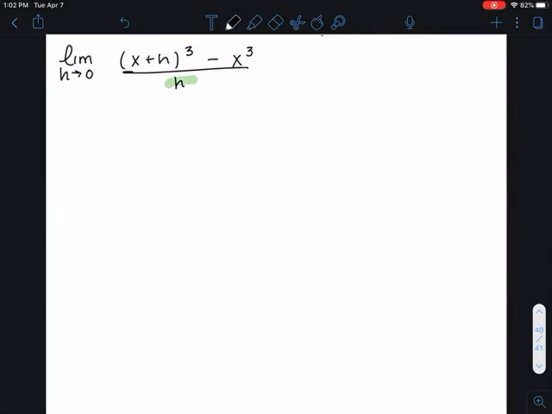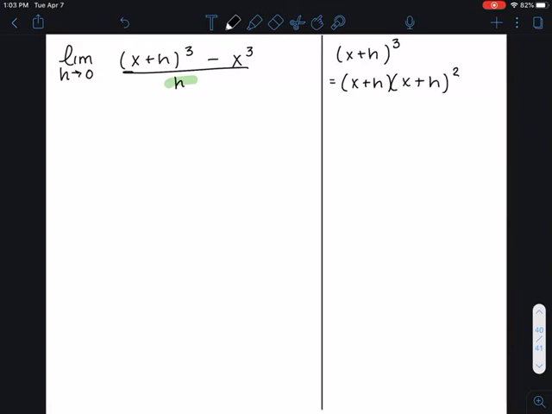Okay, now let's go ahead and simplify this. I'm going to bring it to the side. x plus h cubed. We've done this before as well. You should know that it is x plus h times x plus h squared. x plus h times x squared plus 2xh plus h squared.